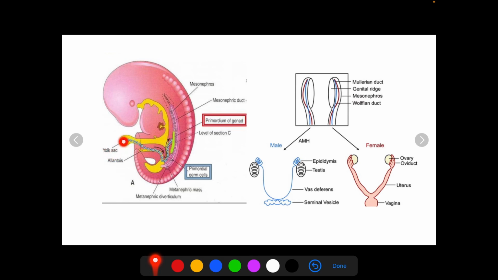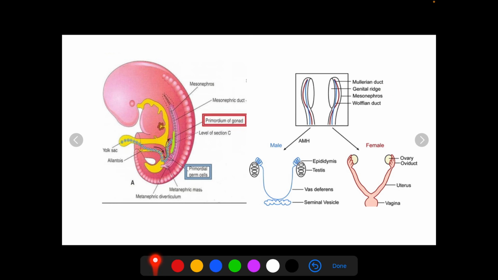And the germ cells, the testis or the ovum, will travel from the yolk sac to the area at the level of the mesonephros. When they arrive at this area, if the baby is male, due to the effect of the hormones, the Wolffian duct changes to the epididymis, vas deferens and seminal vesicles, and the Mullerian duct will regress.